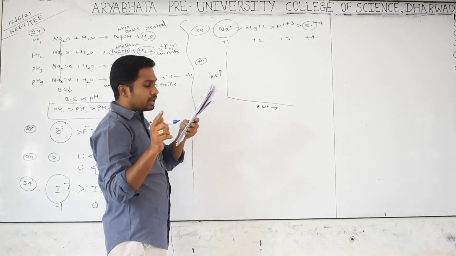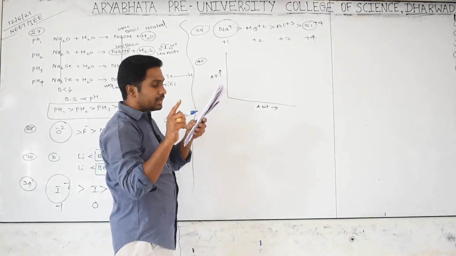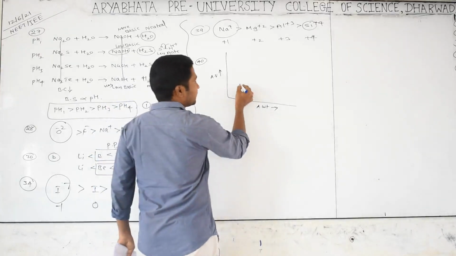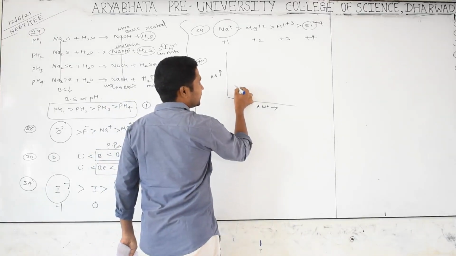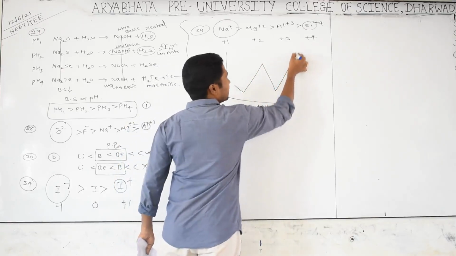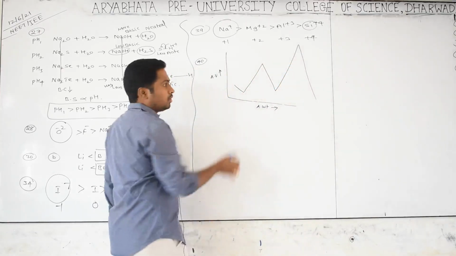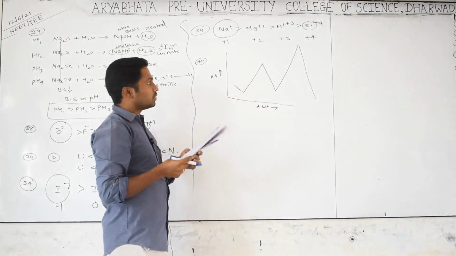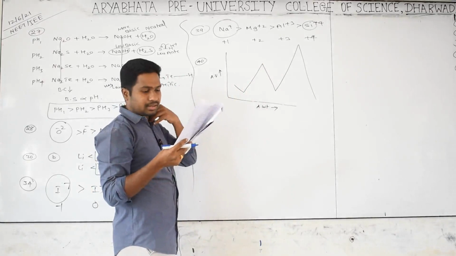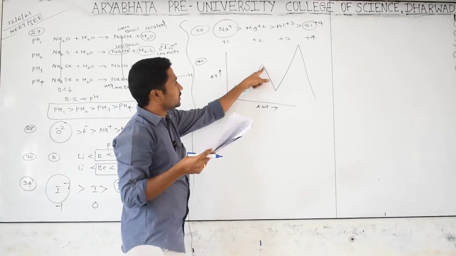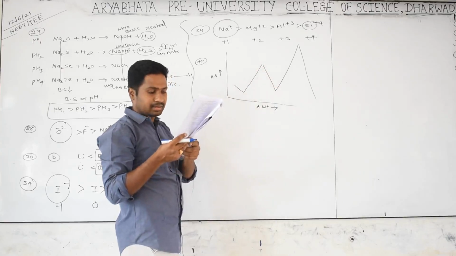In the periodic table from left to right in a period, the atomic volumes first decrease, after that a peak will be coming like this. Yes or no? First decreasing, after that going on increasing. This is nothing but first period, after that second period, like that will be coming.